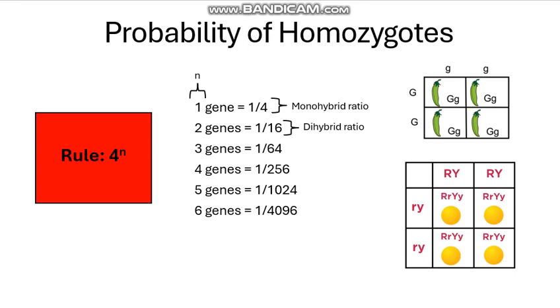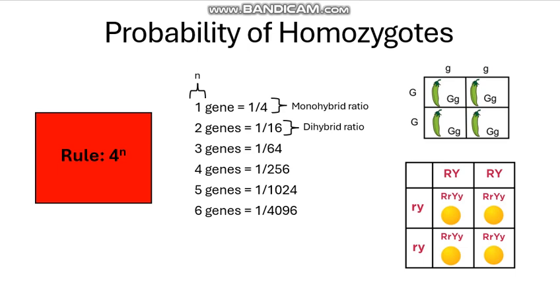It's basically an nth term, like you probably remember doing in high school. It's literally just 4 to the power of n, so n is just the number of genes responsible.